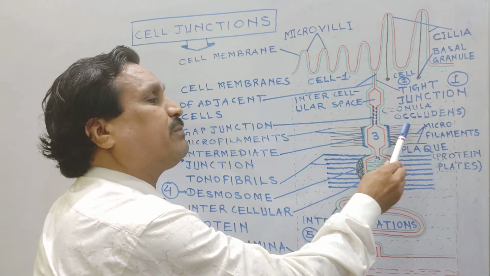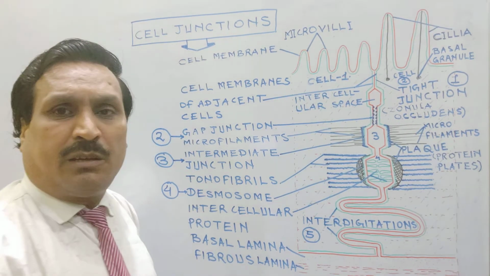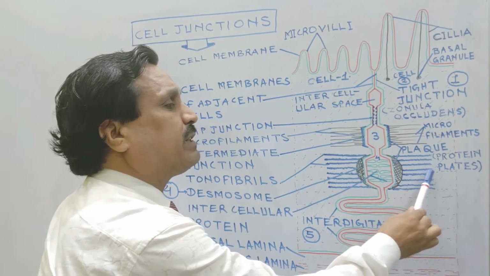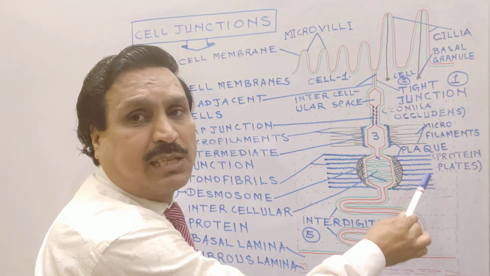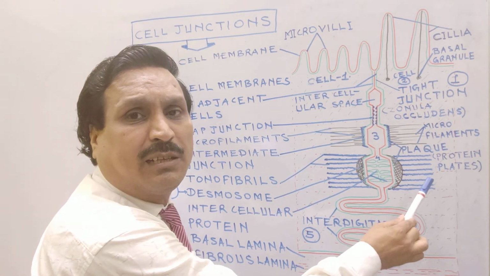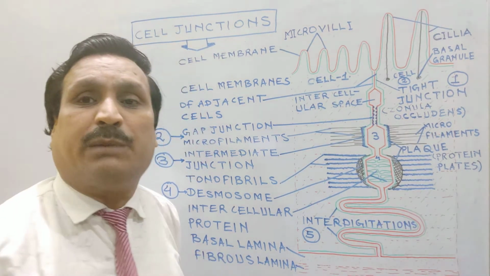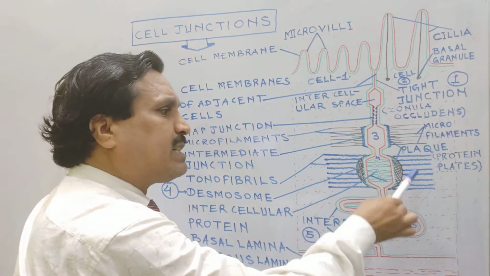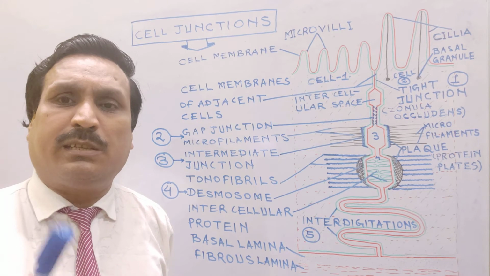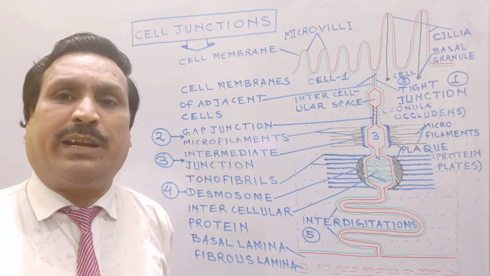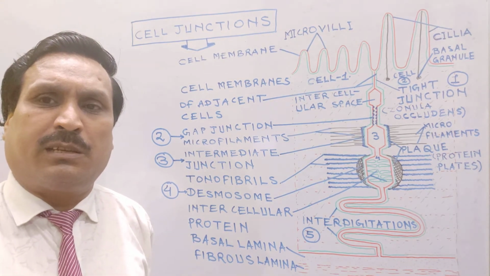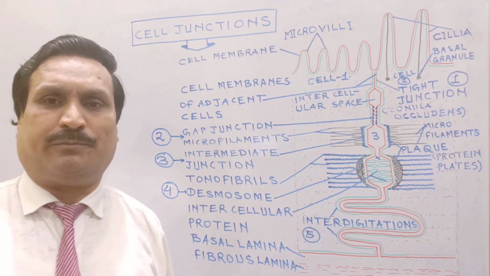These filaments are formed of actin protein, but the filaments of desmosome are formed of keratin-like protein, and these are especially termed as tonofibril. These filaments are embedded in the cytoplasm of adjacent cells to provide firm grip and to establish a stable junction.